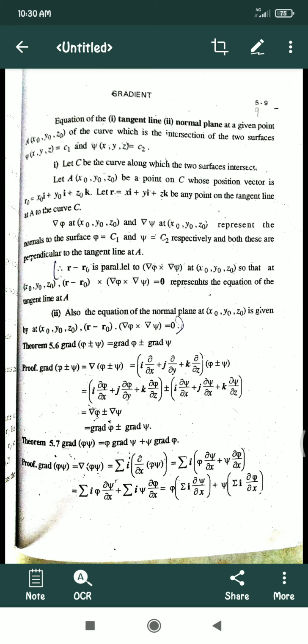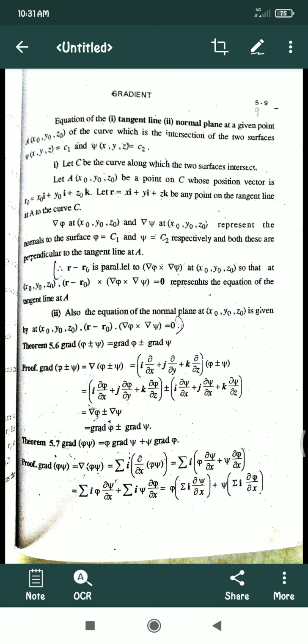So we conclude that r minus r naught is parallel to del pi cross del psi. Here we have chosen two gradient functions, the pi function and the psi function, to find the curve along which the two surfaces intersect.